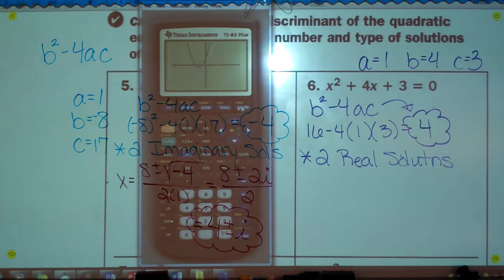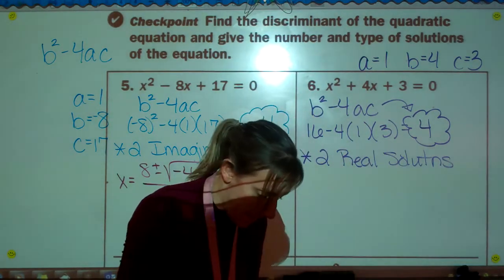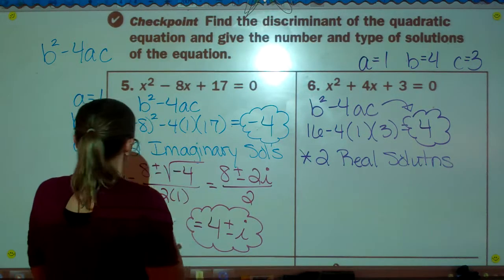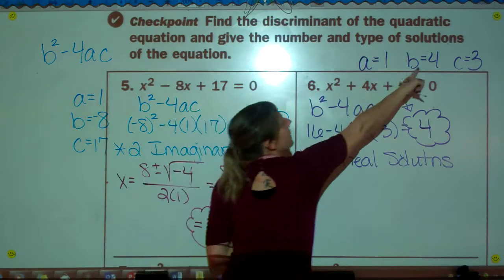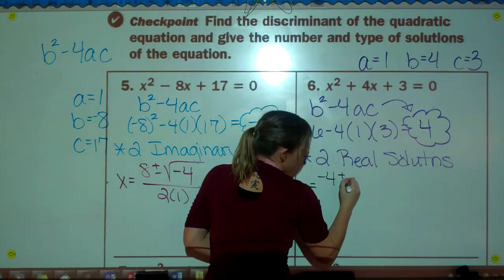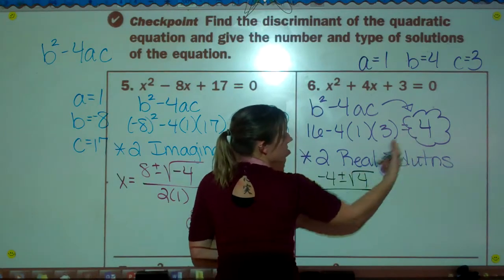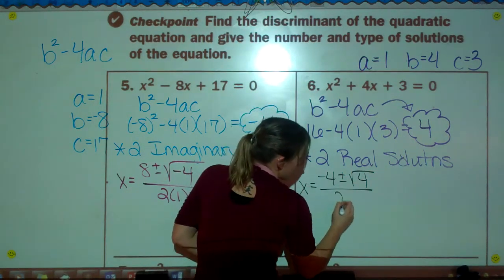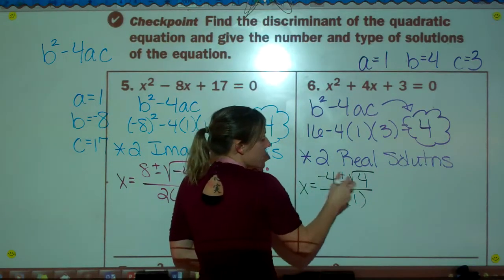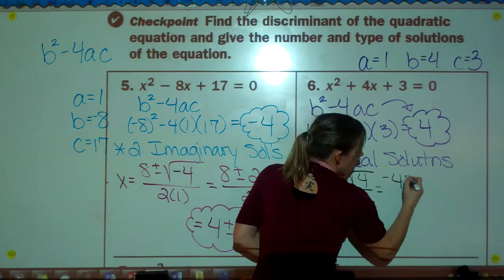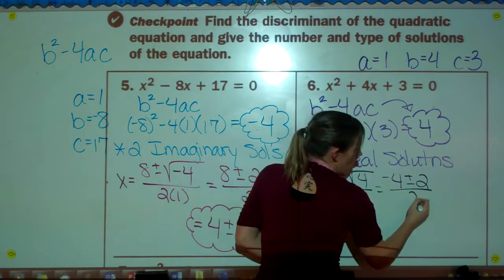So we're just going to use the quadratic formula to find those numbers. We know that x equals the opposite of b, so that's -4 plus or minus the square root. We already know that underneath that root is the number 4, all over 2 times 1, because that's what a is. Now this will simplify. -4 plus or minus, the square root of 4 is the number 2, all over 2.